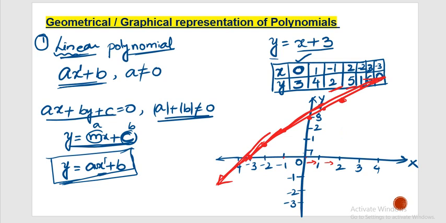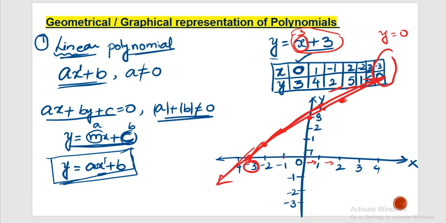Now if you observe one thing, clearly, where it is meeting the x-axis, it is meeting the x-axis at -3, right. That means at -3 what is happening here? When I substitute the x value as -3, I am getting y equal to 0. That means this total polynomial is vanishing, this polynomial is becoming 0.